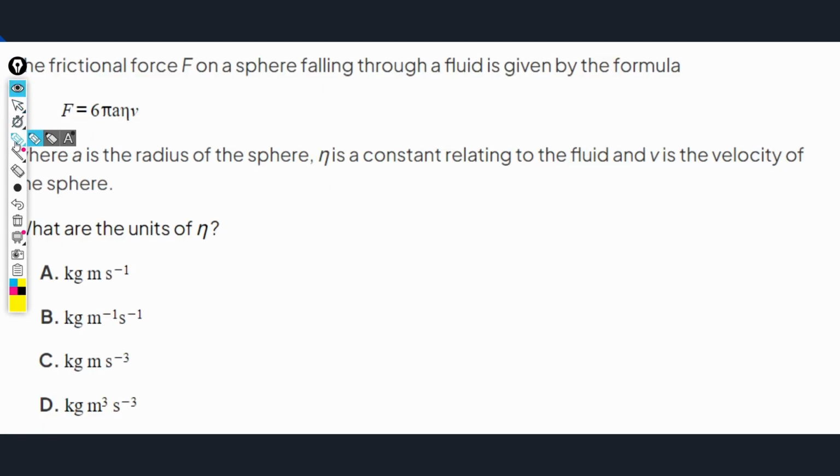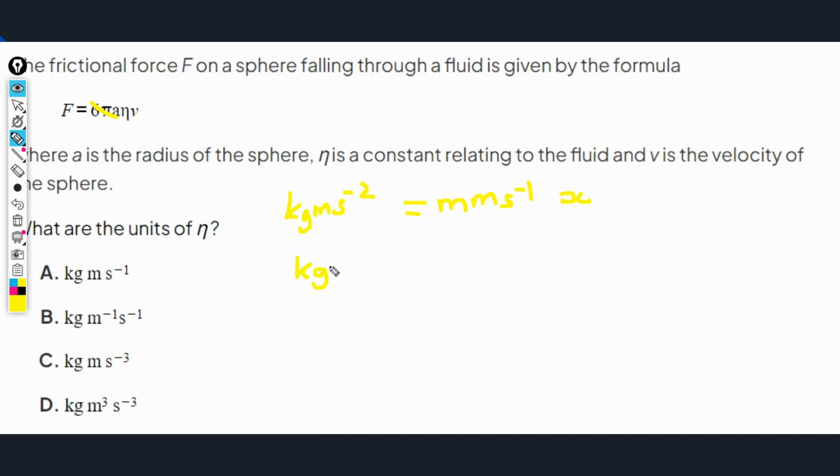Now, let's look at another question. The frictional force F on a sphere falling through a fluid is given by this formula. So we already know F. F is mass times acceleration, so it's kg meters per second minus 2, right? That's what it must be equal to. 6 pi are constants, we can ignore that. a is a radius, so that's meters. We don't know what eta is, and v is velocity, so that's meters per second, and then x. We can just take it as x.